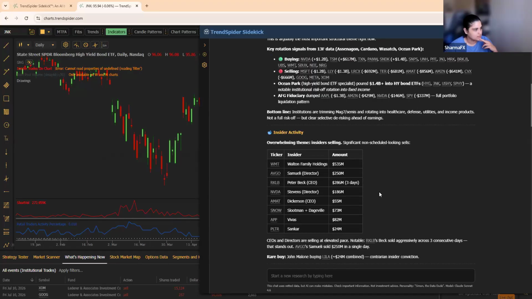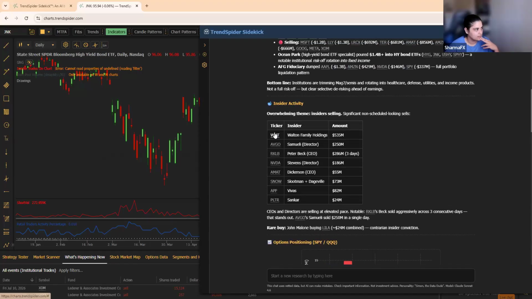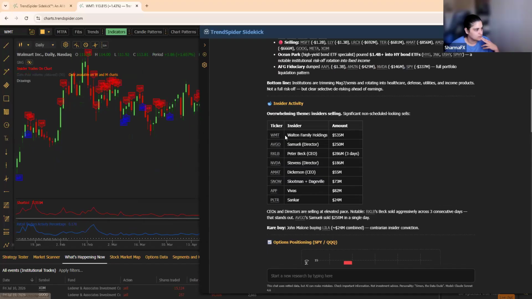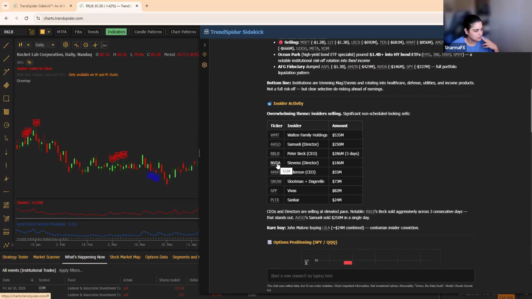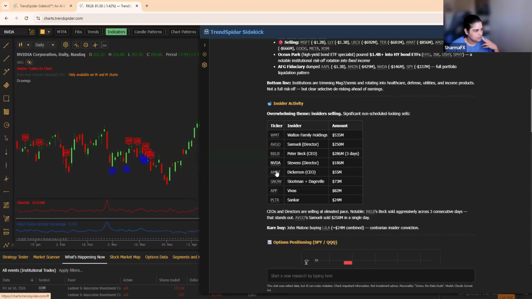Overwhelming theme here is that we're seeing a lot of insiders selling, a lot of non-scheduled looking sells too. So we had Walmart, the Walton family holding, selling about 535 million. And we have Broadcom, the director, selling about 250 million worth. Rocket Lab, also a lot of sales from the CEO in the last 3 days.